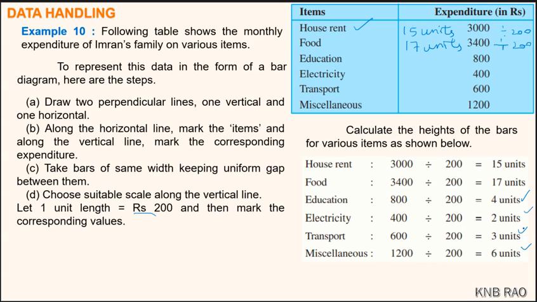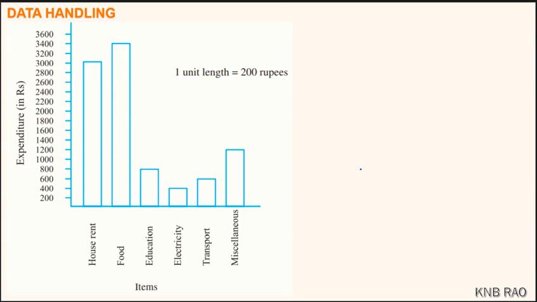Now, how will the graph be? The graph will be like this, where we have drawn a horizontal line having headings of the items on which Imran is spending money, and the vertical axis containing numbers corresponding to the expenditure.